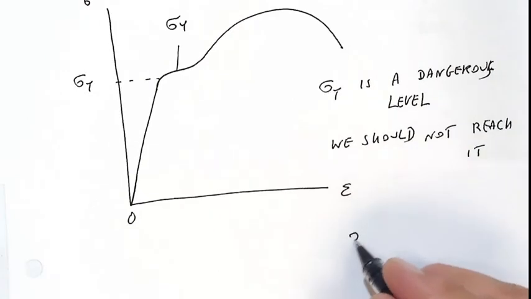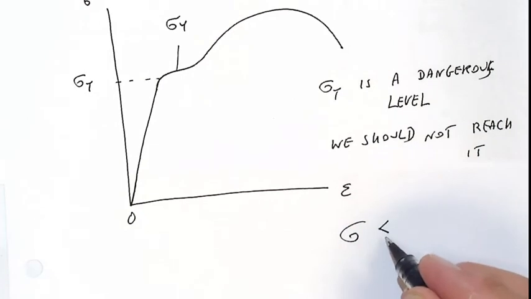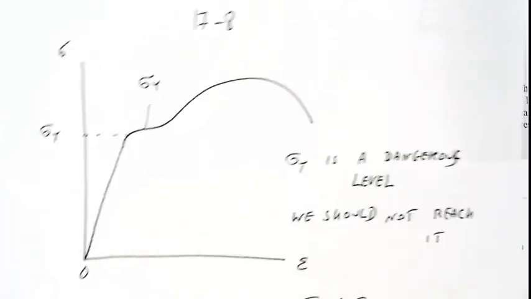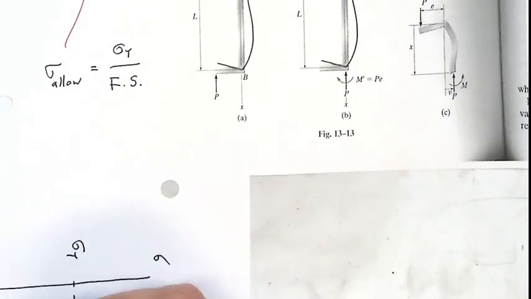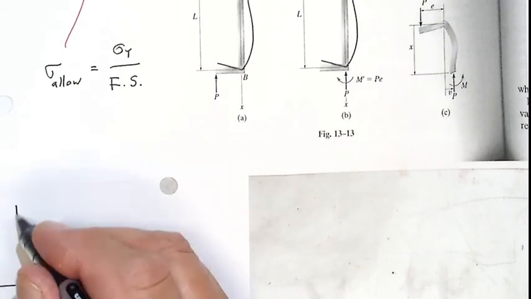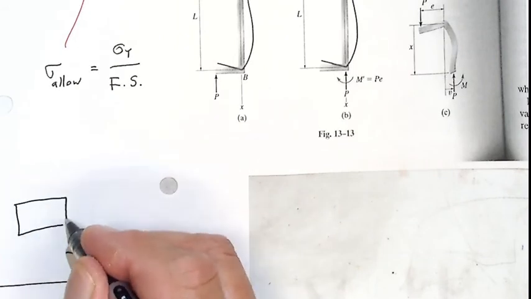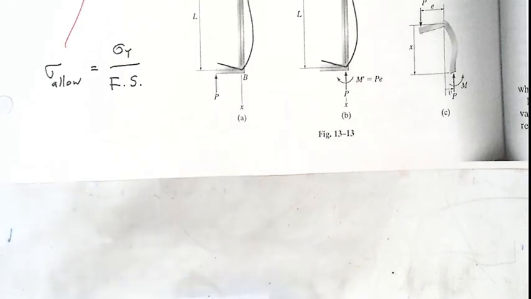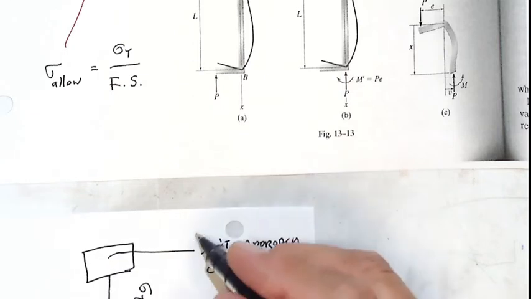So we can write down sigma must be smaller or equal than sigma yield. Or we can put a flag here, which says don't approach the cliff of sigma y.